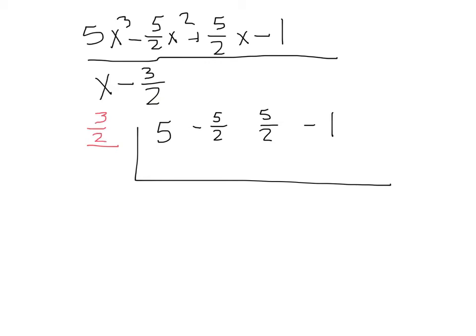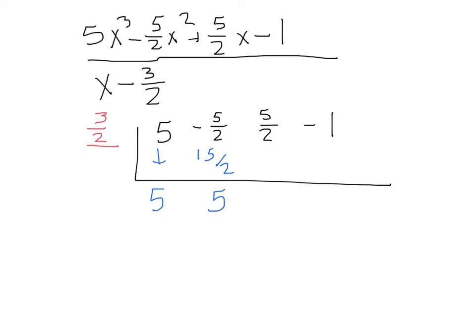Then I proceed with the same pattern. So I'm going to bring this 5 down. I'm going to do 5 times 3 halves. That's going to give me 15 halves. If I do negative 5 halves plus 15 halves here, that's going to give me 10 halves, or 5.